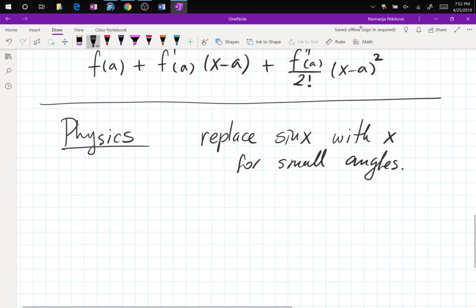So that's something that they say in physics. It's okay. Is it okay? Yes, it is. Can we do better than that? Sure we can. Let's take a look at this particular calculation.